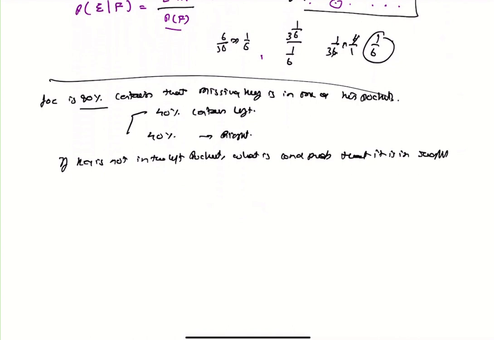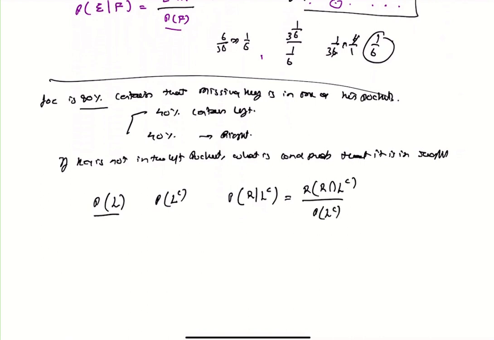So if L is that it is in the left pocket, then probability of L complement would be that it is not in the left pocket. So the probability of right, knowing that it is not in the left pocket, is going to be the probability of right and left complement divided by the probability of left complement.